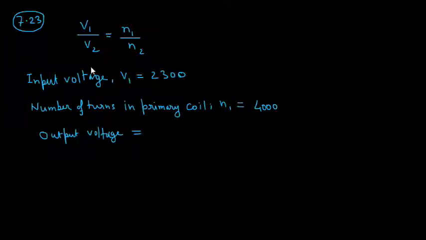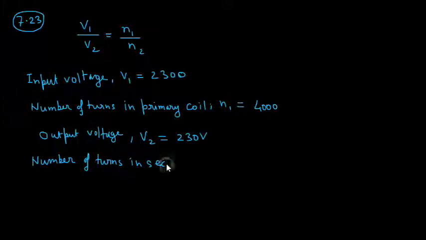Output voltage V2 is equal to 230 volt. Number of turns in secondary coil is equal to N2.